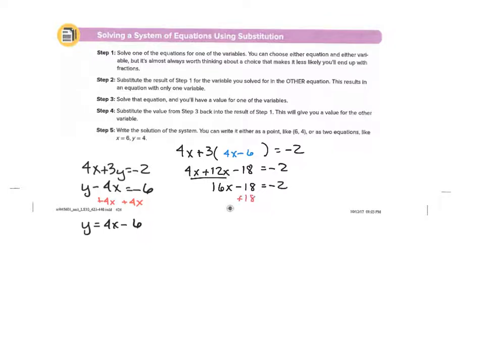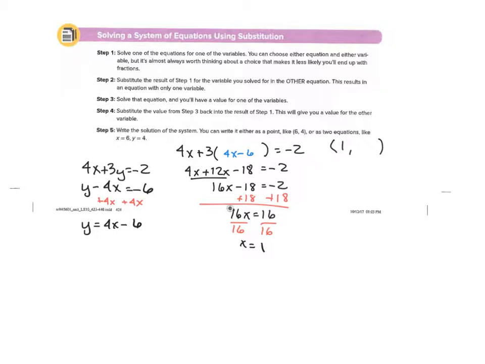Let's add that 18 to both sides. And I get 16x equals 16. Divide both sides by 16. I get x equals 1. Now remember how we said that we are only halfway finished, that the solution to a system of equations is an ordered pair.